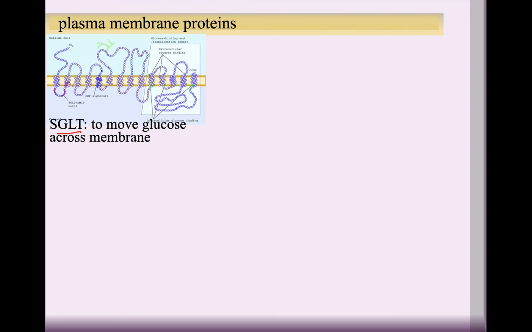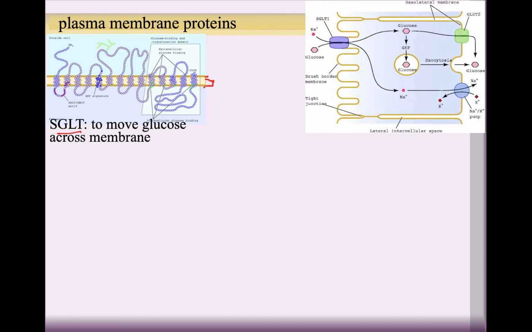You can see it weaves its way back and forth through the phospholipid bilayer. That's what this gold or mustard color thing is supposed to represent. There are the phospholipid heads on one side, and the phospholipid heads on the other side. And here's the schematic representation of that sodium glucose linked transporter.